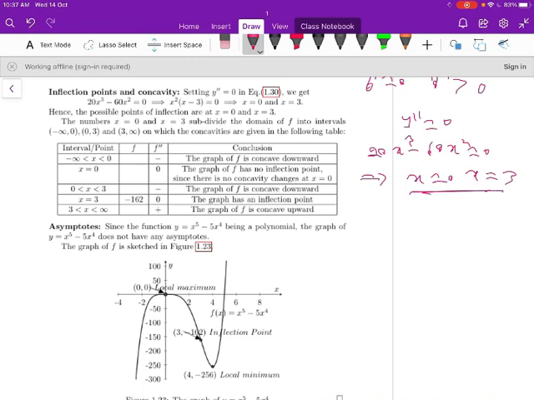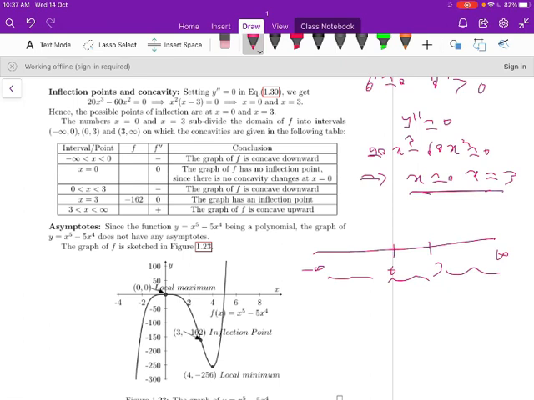Let us see. The domain of the function f splits into subintervals, that is minus infinity to 0, 0 to 3, and 3 to infinity, because at 0 and 3 one can have a point of inflection, right?